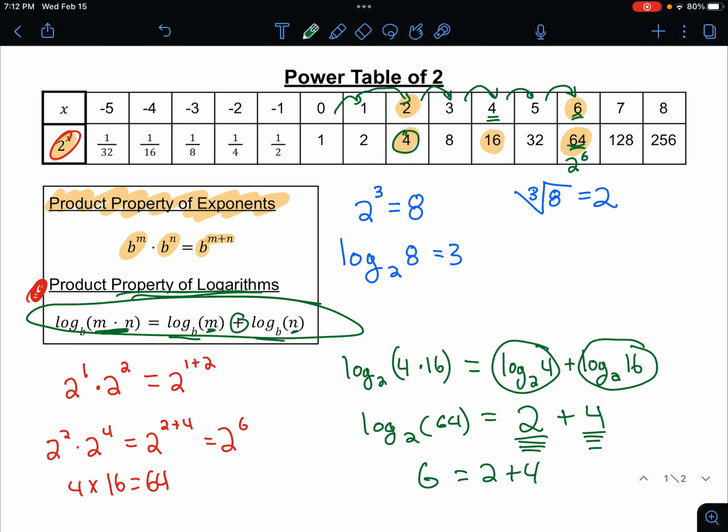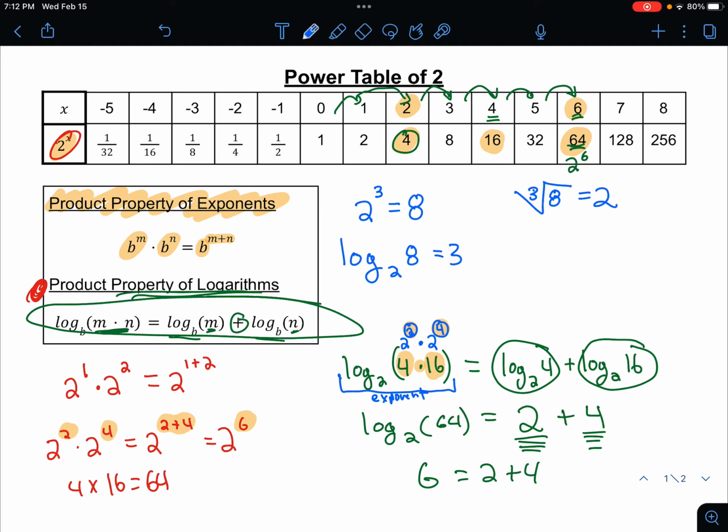And of course, we know 6 is 2 plus 4, and that's sort of what this product property of logarithms tells us. It tells us that 2 multiplications comes from the 4, and then we multiply by another 4 multiplications. And when I'm saying this, I mean 4 is 2 squared, 2 multiplications, times 2 to the 4th, another 4 multiplications. And because this just represents the exponent, normally we would say we can just add these powers, right? With our product property of exponents, we add the powers 2 and 4. 2 plus 4 gets us 6.